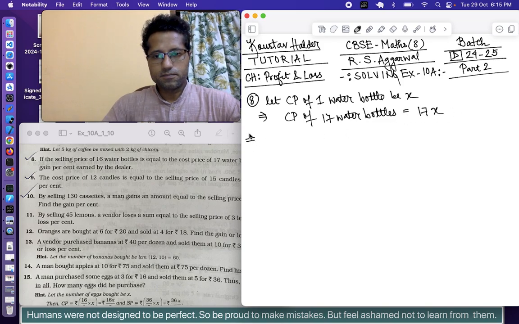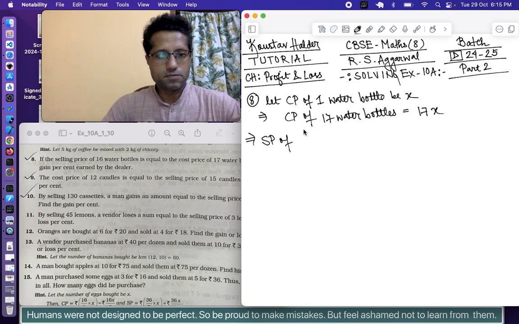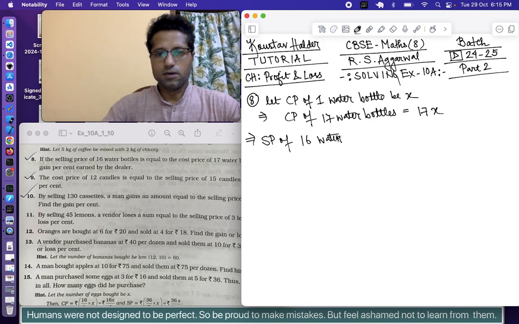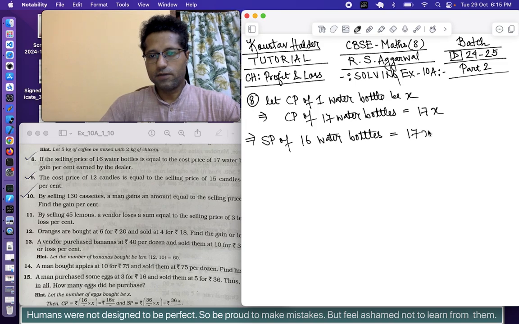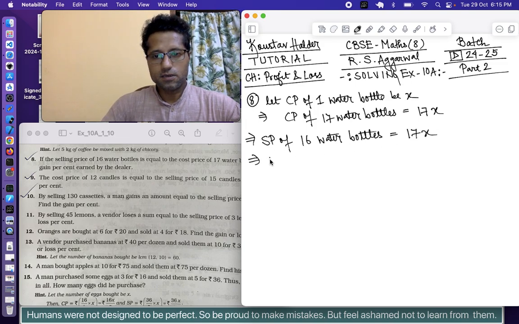The SP of 16 water bottles is given to be equal to the CP of 17 water bottles. So the SP of 16 water bottles will be equal to 17x. So this implies the SP of one water bottle is equal to 17x by 16.